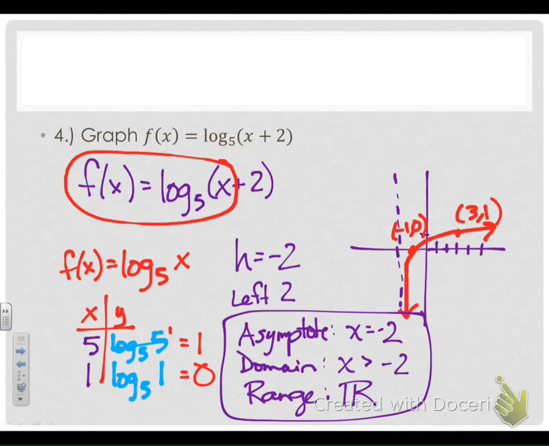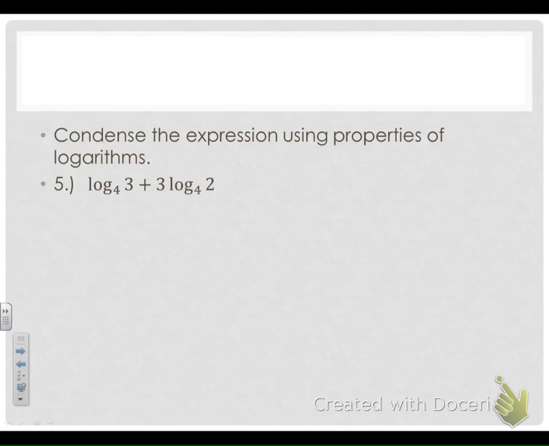So, next problem. You will have a condensing section. And actually, my bad, the condensing section is after the expansion section. So when it says condense, I have to undo. So the first step will be to undo the power rule.